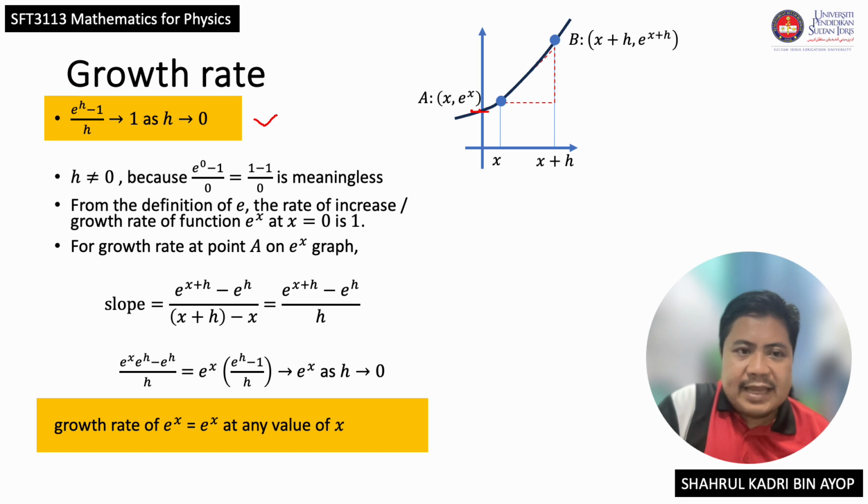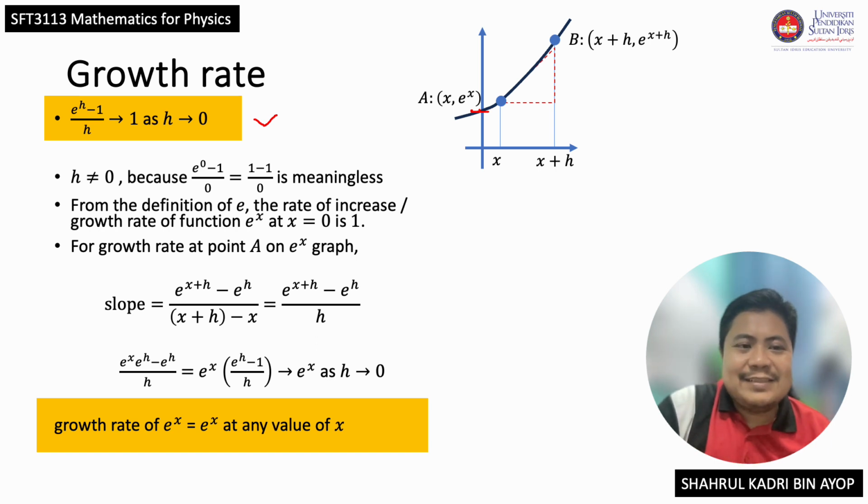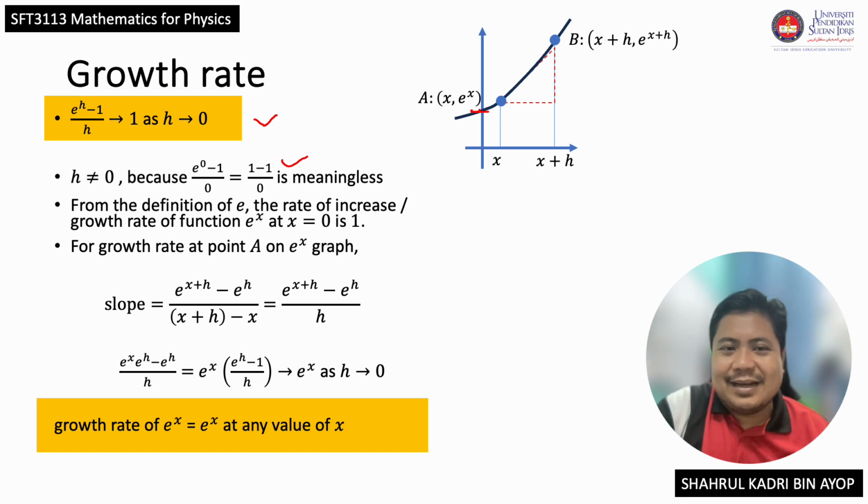Since h cannot be 0, it can be close to 0, but it cannot be 0, because if it is 0, then we have a meaningless calculation. So from the definition of the exponential, the rate of increase or growth rate of the function e^x at x equal to 0 is 1.